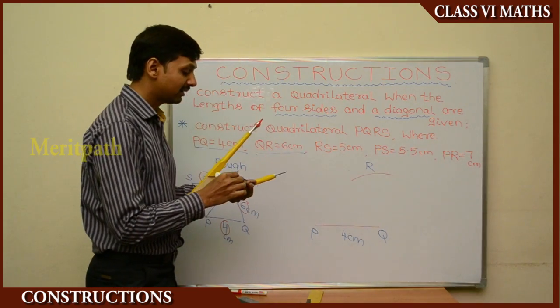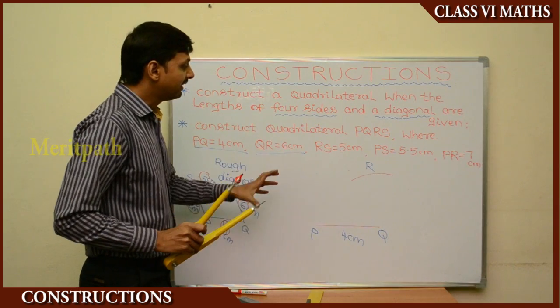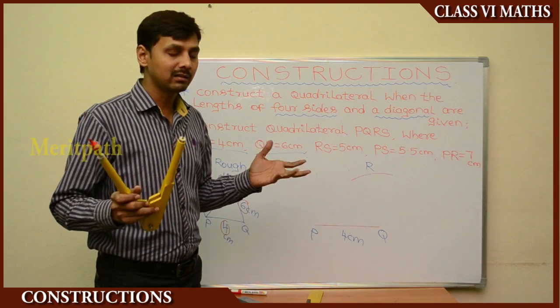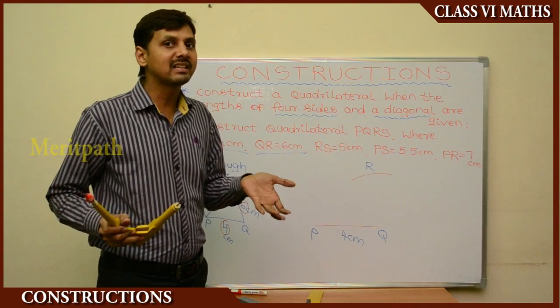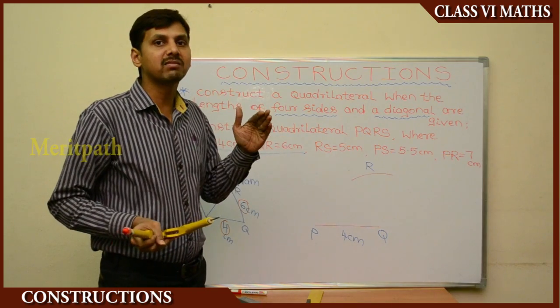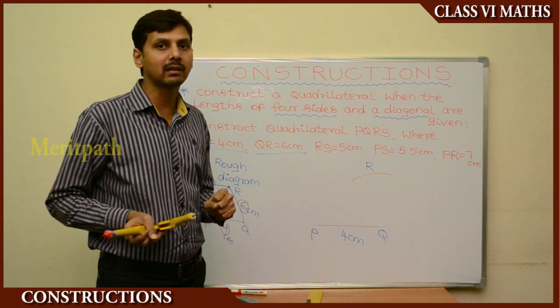So QR we have constructed. Next, when we join P to R it forms a triangle, and then we can construct the quadrilateral easily. 2 triangles will form a quadrilateral. We know the diagonal divides the quadrilateral into 2 parts. That's the reason we construct the triangle first.